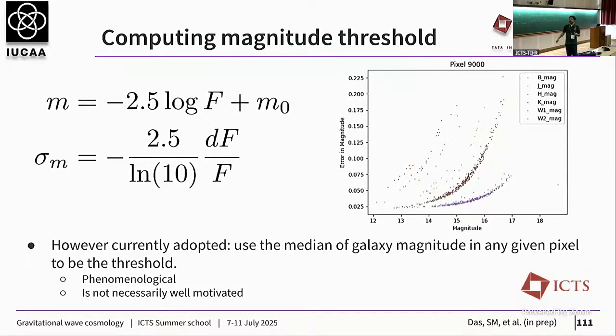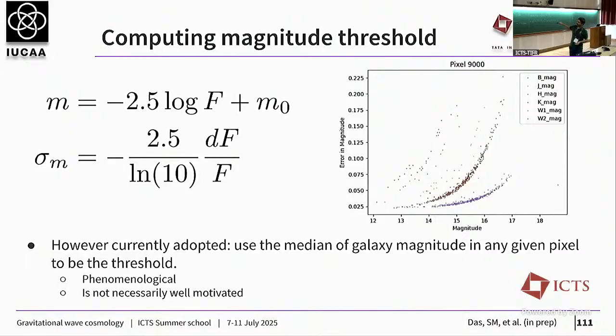Okay. And that error on the magnitude is also given in the catalogs typically. So what you can do is, within a particular pixel of the sky, you can plot what is this error on magnitude as a function of the magnitude of the galaxy. Okay. So as you go to brighter galaxies, so these brighter ones are here in this case, because I have not flipped the axis again. Sorry about that.